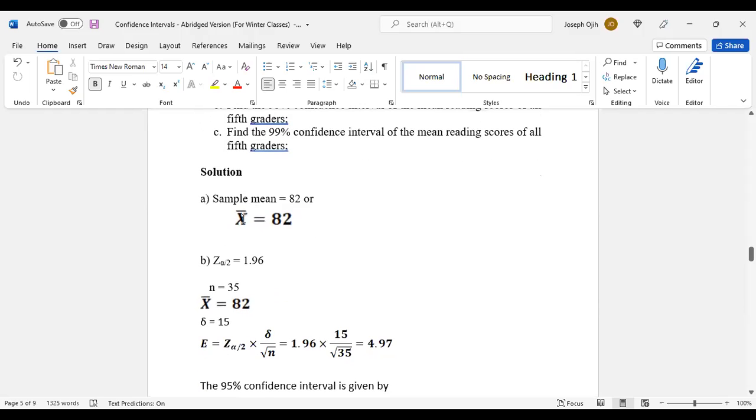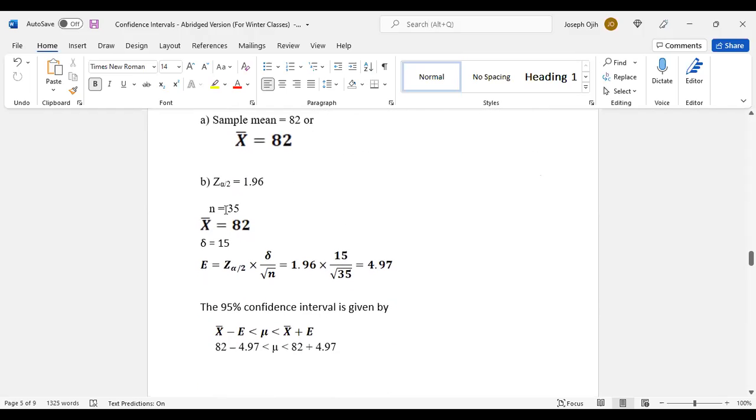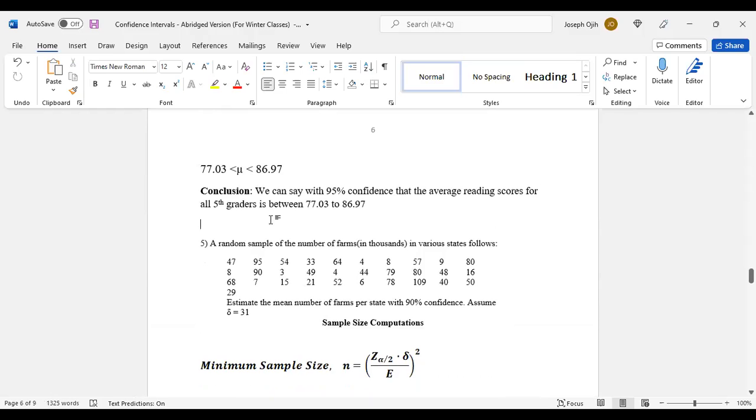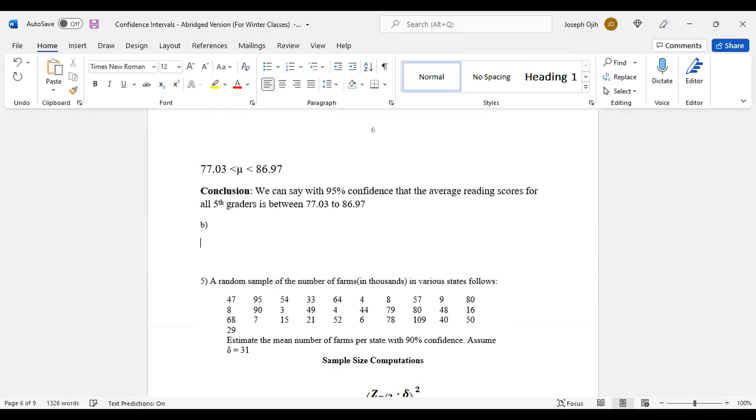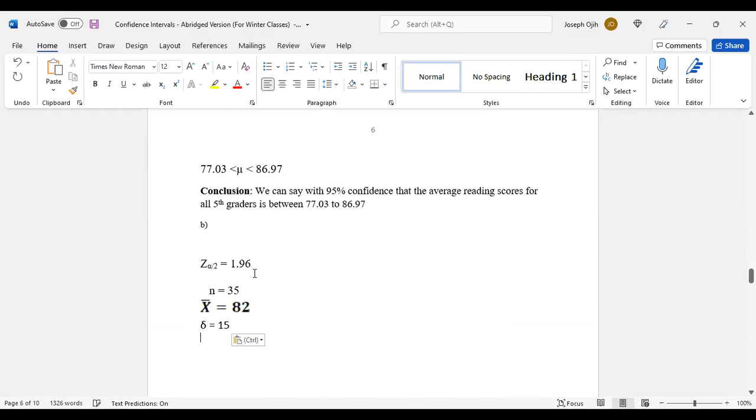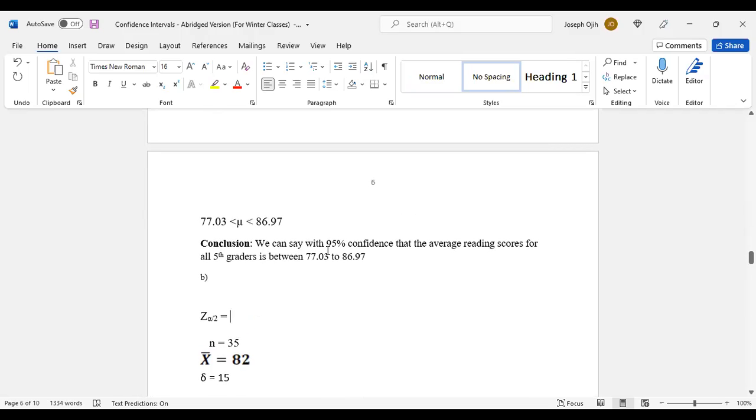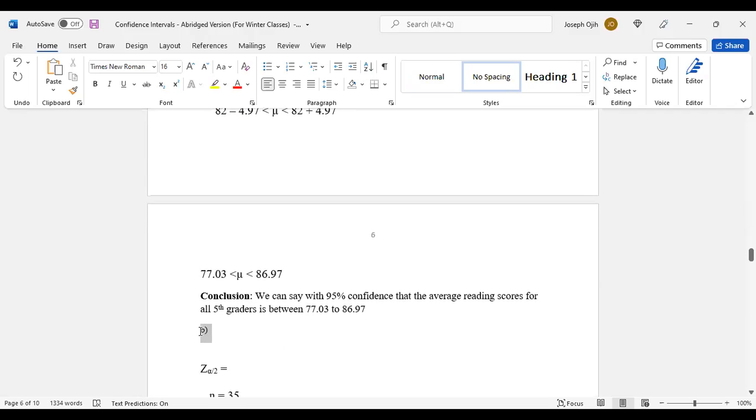So again, our critical value. Let me put all this down here. Change the numbers, part B. Now, in this case, the critical value will be different because it's 99%.